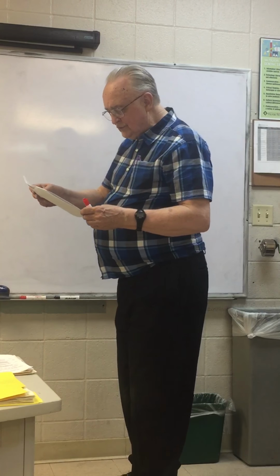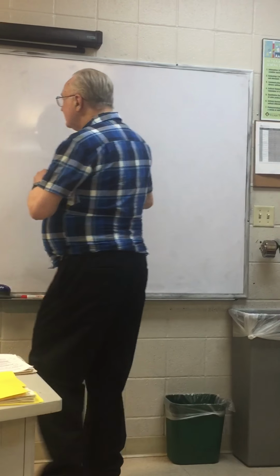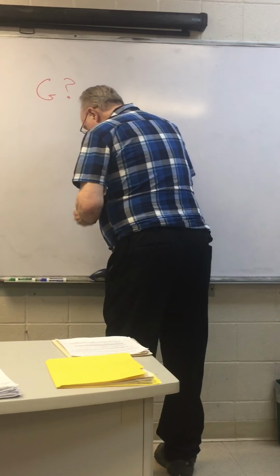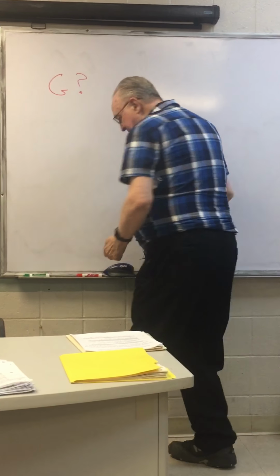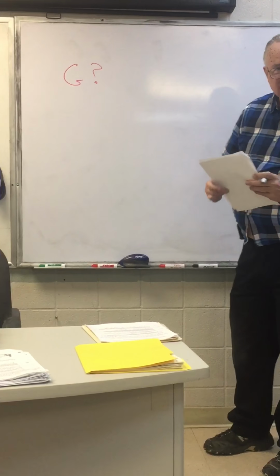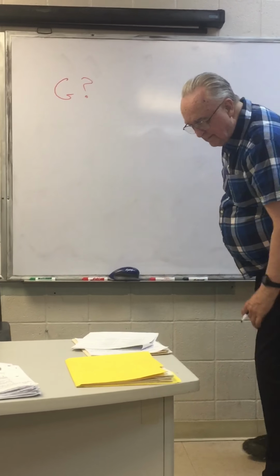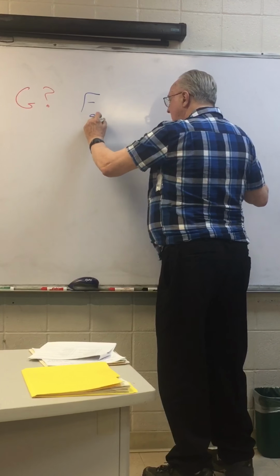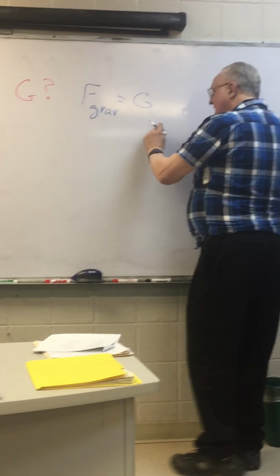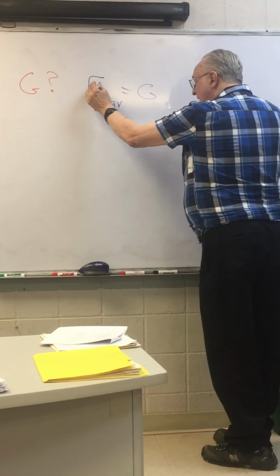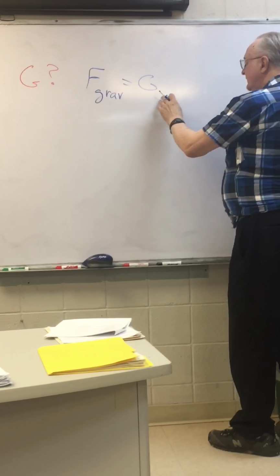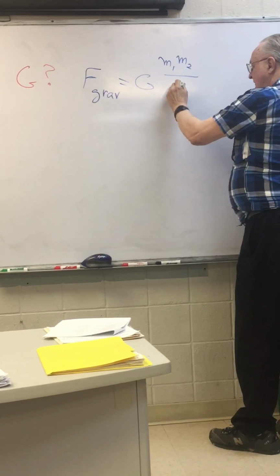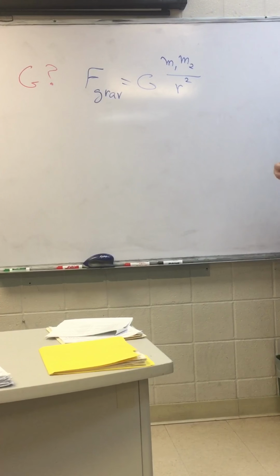The constant capital G. What's the significance of it? Where do you find the capital G constant? The law of gravity. The universal law of gravity, as explained by Newton, is capital G times the product of two masses divided by the square of the distance between their centers.